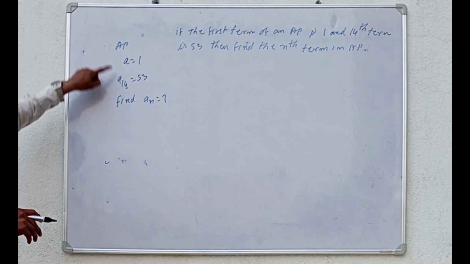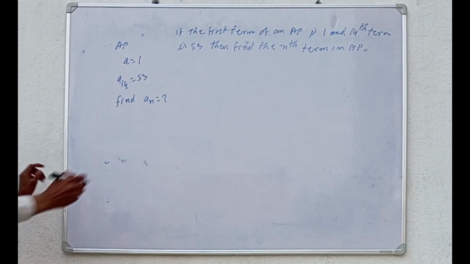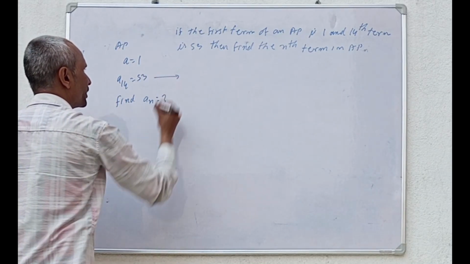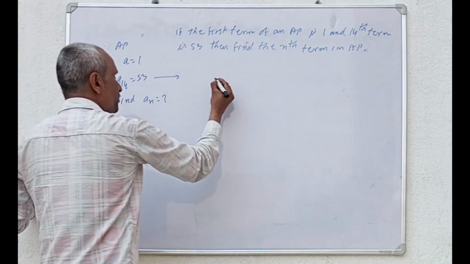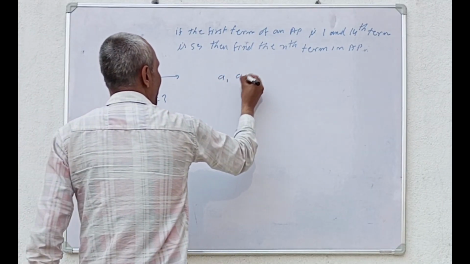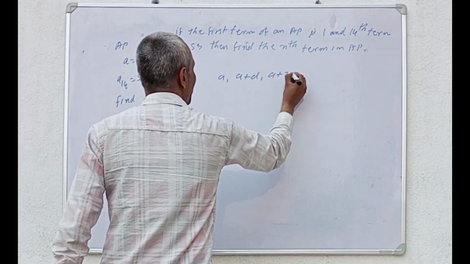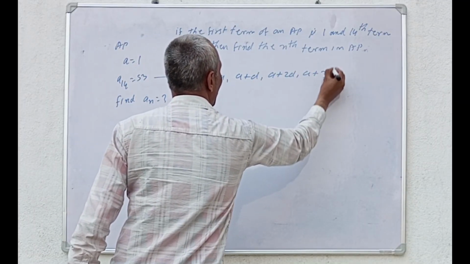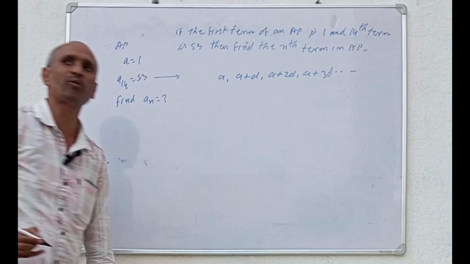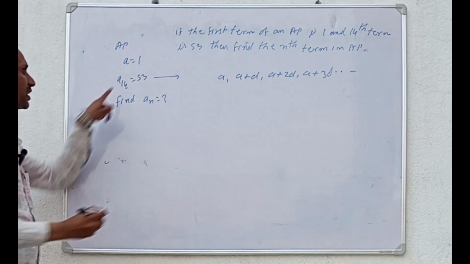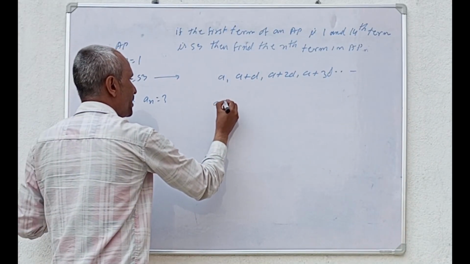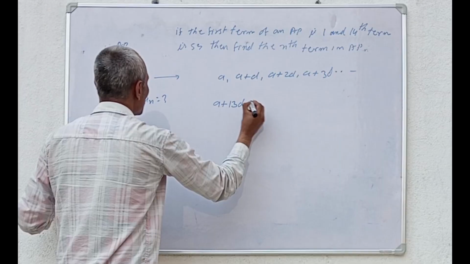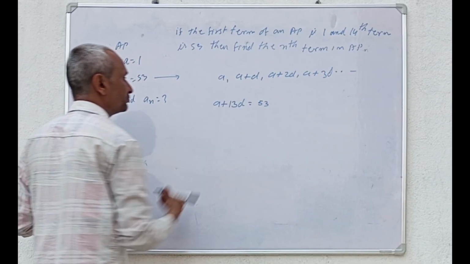How to solve it? A given, A14 given, find AN. First of all, we solve this one. You know, the general form of an AP is A, A plus D, A plus 2D, A plus 3D, and so on. This is called the general form of an AP. So A14 we can write as A plus 13D is equal to 53 given.